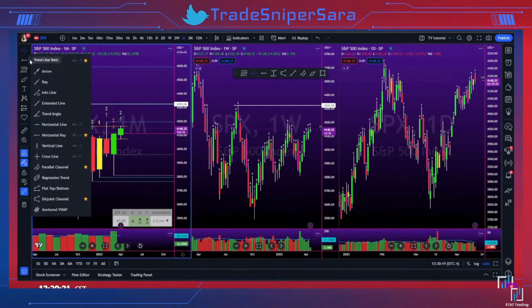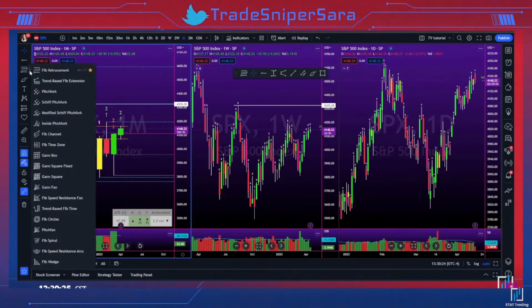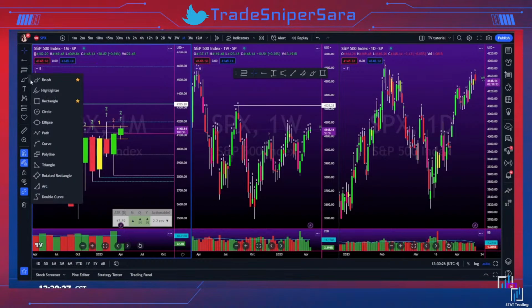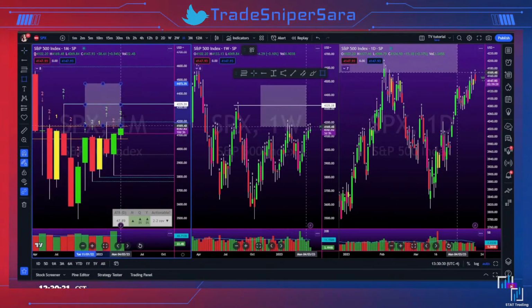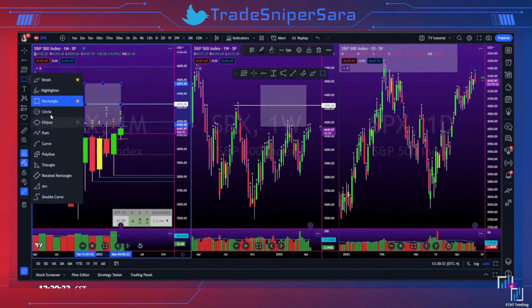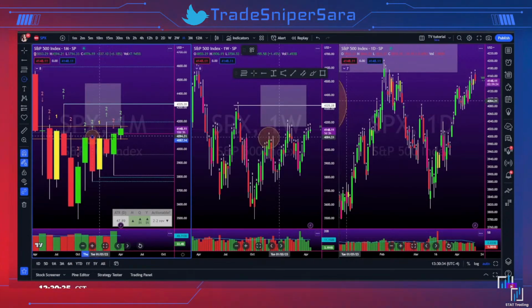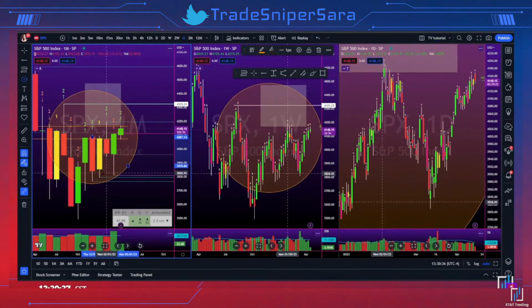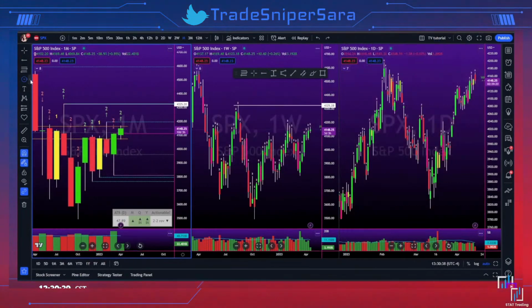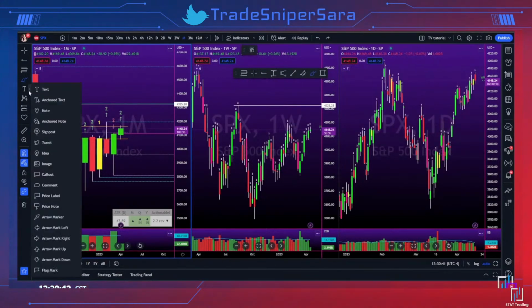There are little menus to the right of these things, and there's tons of stuff in here. All these fib things, all these different tools, if you want a rectangle, if you want a circle for some reason. So don't be afraid to play around in here. You're not going to break anything.